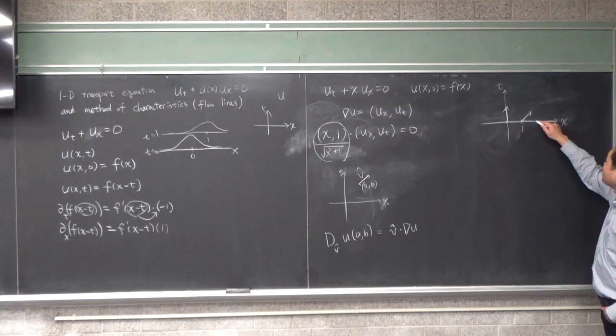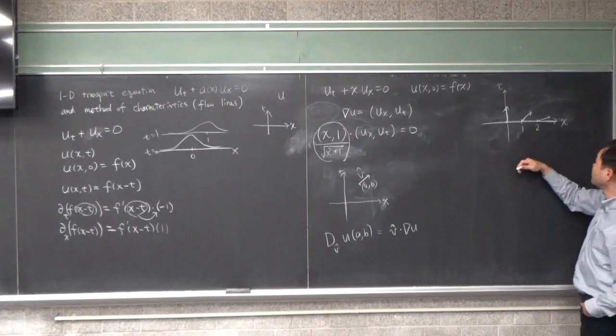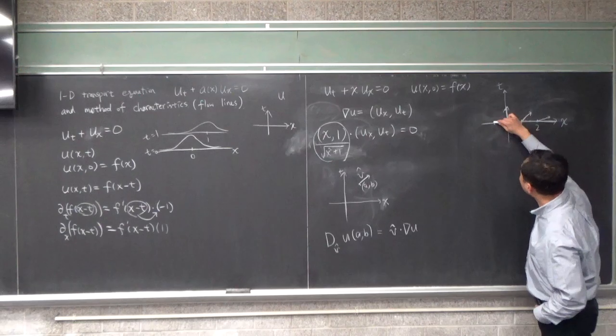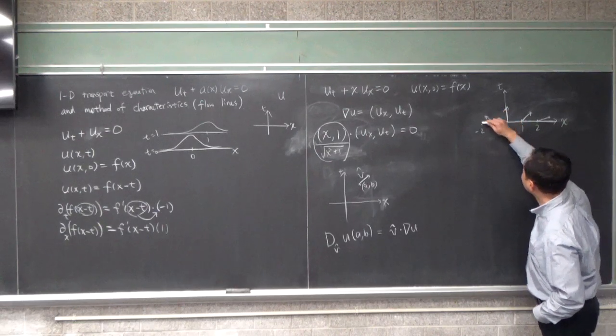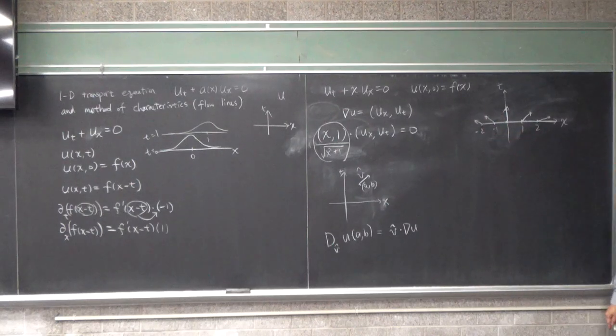What about at 2? At 2, it's (2, 1), which is slanted further that way, right? And if you have negative 1, it's the vector going that way. And if you have negative 2, its slope is further that way, right?